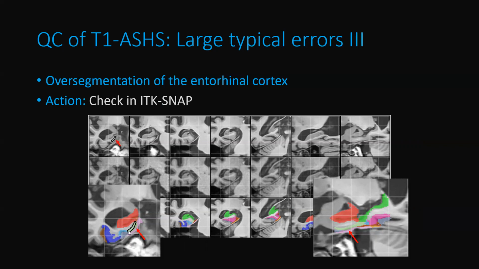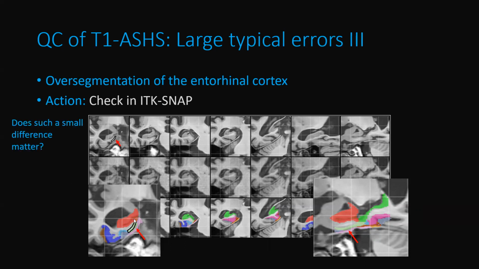And here you see the black outline of what is actually the cortex, and then you can see that a chunk of green is sticking out. I'll show this in ITK-SNAP in a second, so it becomes a bit more clear. But what I did want to say is that I often also check in the sagittal plane, because there you can see also if it's in a number of slices. So that's also a good indicator if you need to look further.